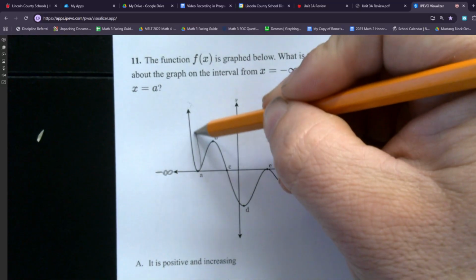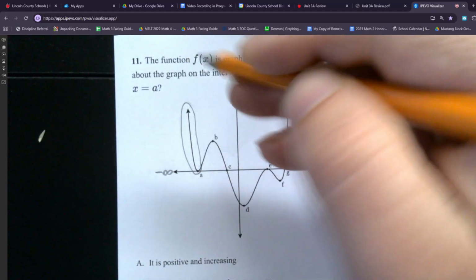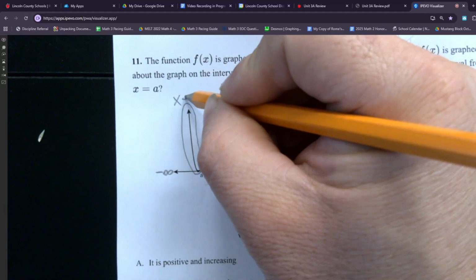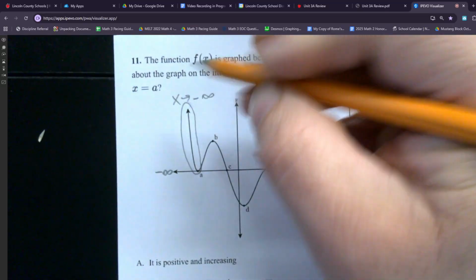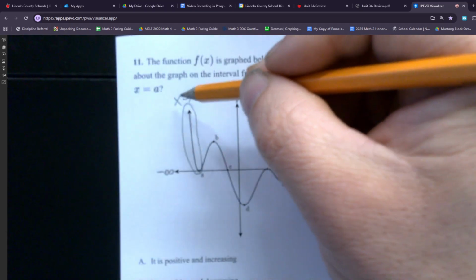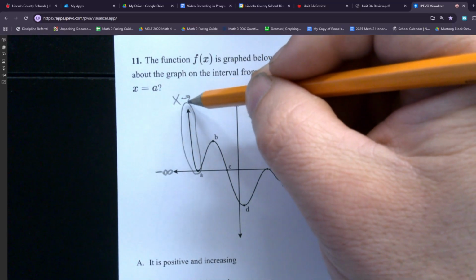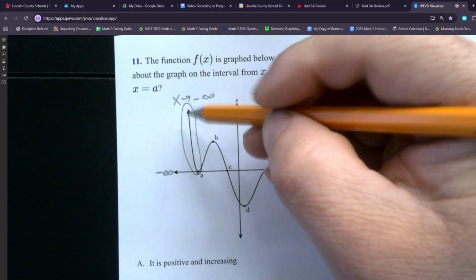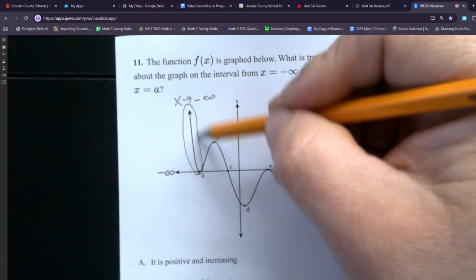So this would be that part right there. Remember, this is in the x direction going to negative infinity. Even though it's going straight up, that means it's going to positive in the y direction, but it's coming from negative infinity on the left. And it's talking about from negative infinity to a, which is this piece right here.